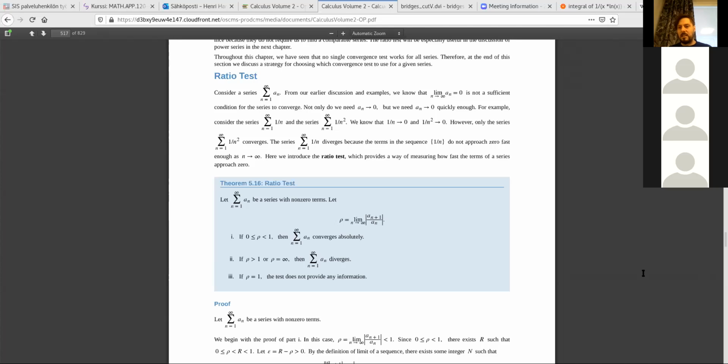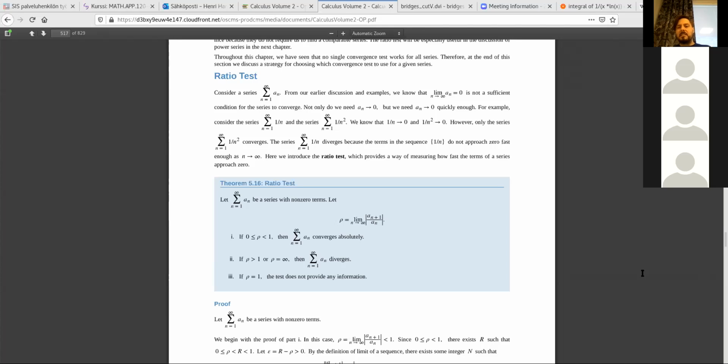It could range from 0, it could range from 1. We know that this converges if and only if r is smaller than 1 in absolute value.